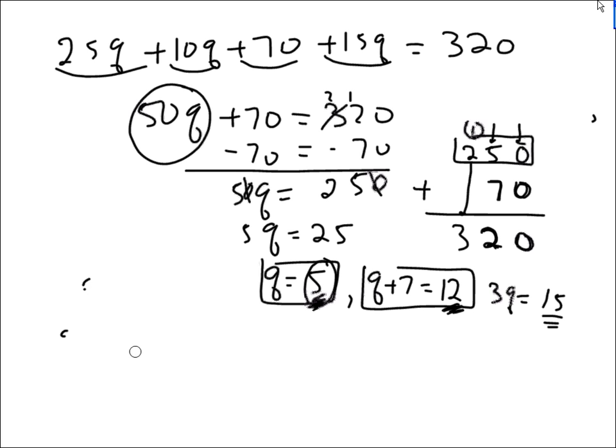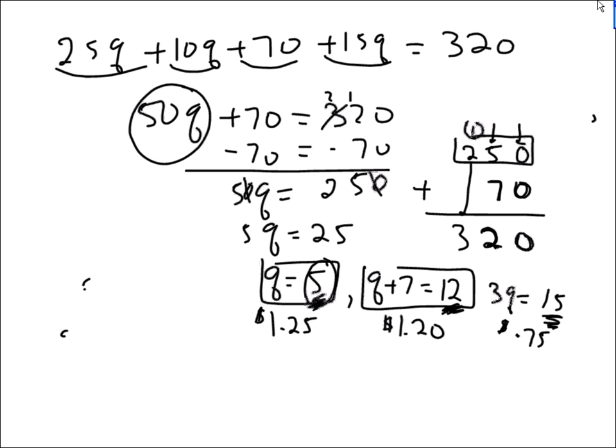If you have 5 quarters, you have $1.25. If you have 12 dimes, you have $1.20. And if you have 15 nickels, you have $0.75.